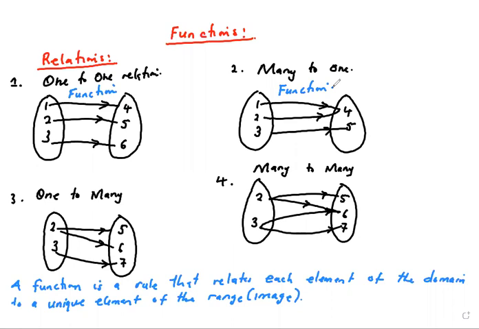If you find that there are 2 arrows, like in situation 3, where from 2 we have an arrow going to 5, an arrow going to 6, then not a function. The same story here, not a function.